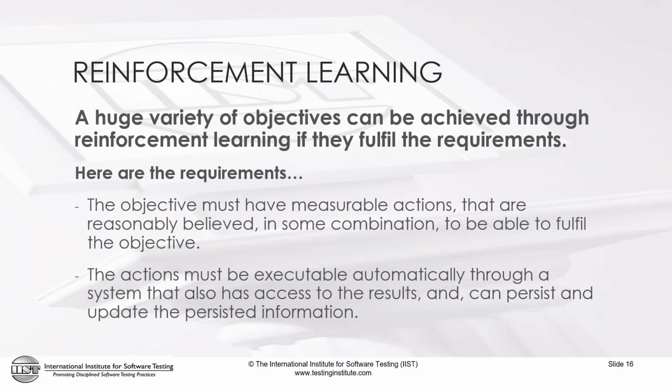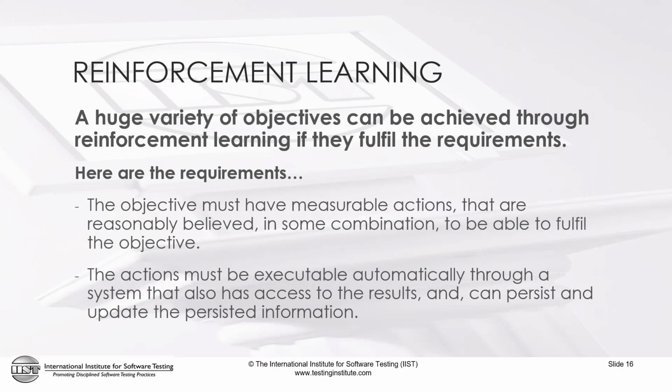So we've talked about some of this, but just to retouch, reinforcement learning can solve a huge variety of problems, achieve a massive amount of objectives, if your criteria can meet the requirements.